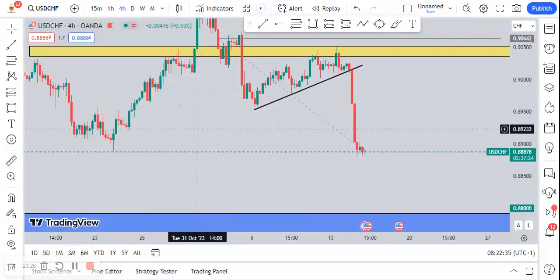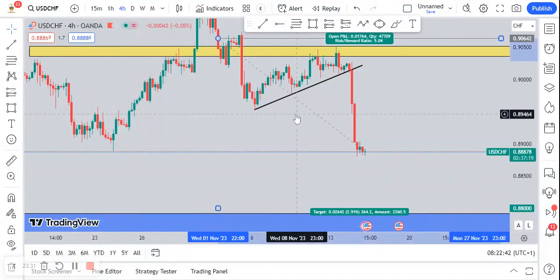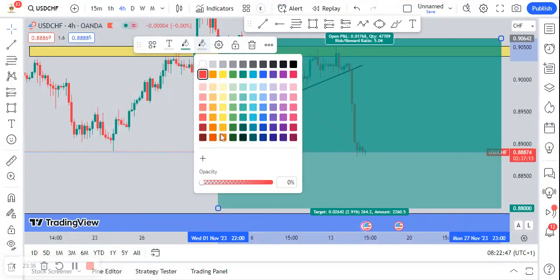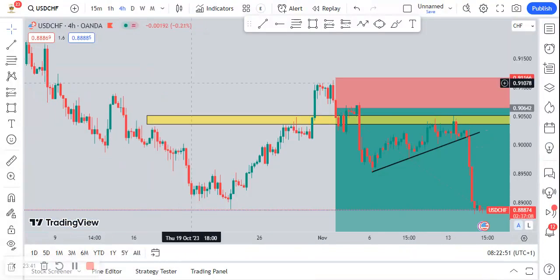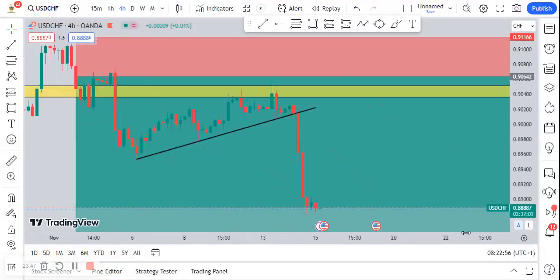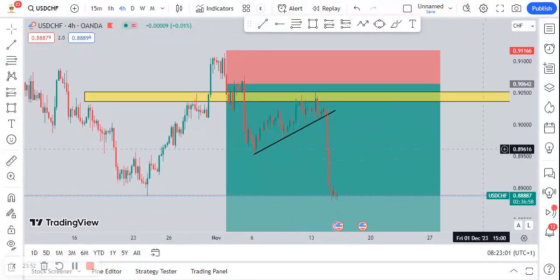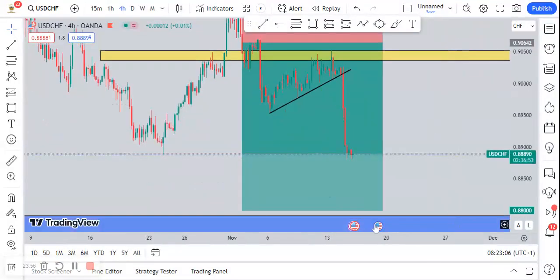So before the market gets there, my overall TP is 0.88000, which is this one here.